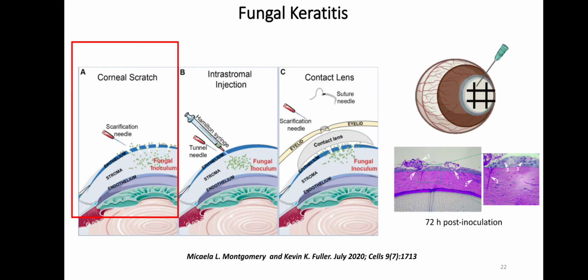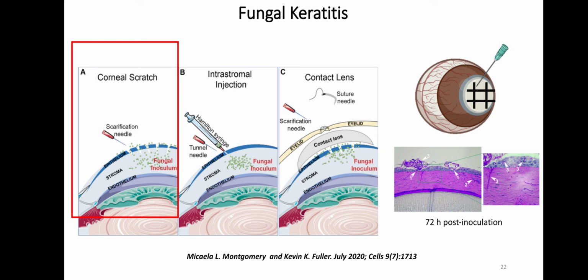And this is the fungal keratitis model on which I will work. But for the fungal keratitis model, I selected only the corneal scratch model, because it is safe and effective for fungal inoculum.